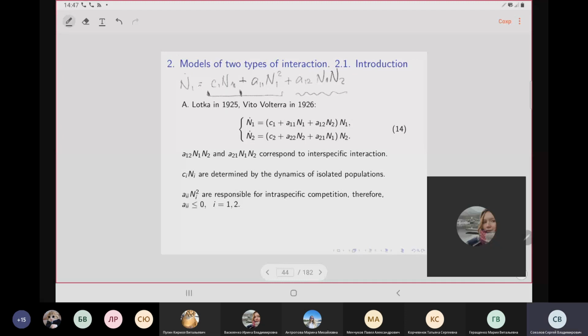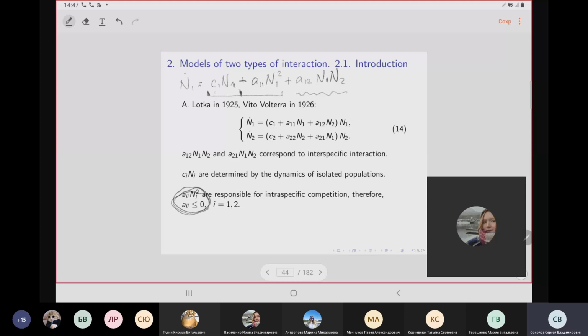Since a11 n1 squared is responsible for intraspecific competition, the interaction is usually a competition. There are no real situations when high density provides some benefits for a population. So a11 is always negative or equal to 0. a11 cannot be positive.